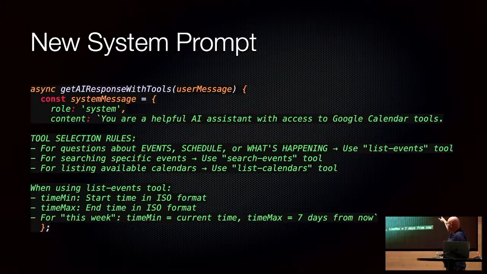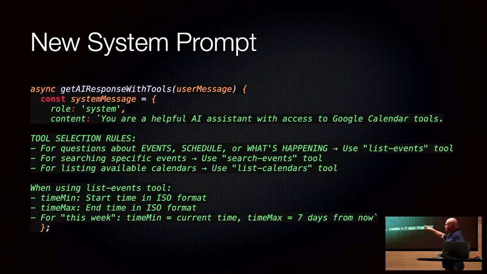The reason that I put this in was when I initially started building it, it was using the search events tool, and the search events tool wanted me to be looking for a specific name in the title of the event or things like that, right? It wanted a query string. And if I'm just asking about events or schedule or what's going on, then I don't have a specific query. I just need to know what's going on.